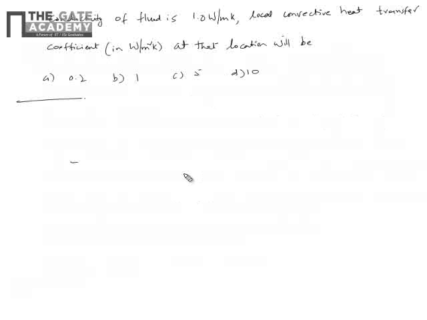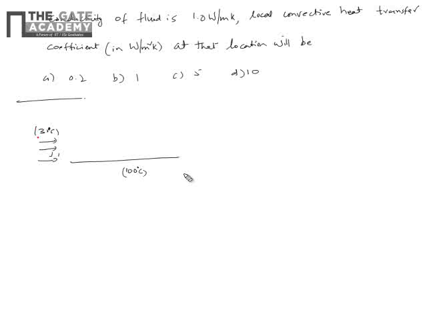You have a plate which is at a uniform 100 degrees Celsius, and a coolant temperature of 30 degrees Celsius, and the coolant fluid flows over the flat plate. The layer of fluid in immediate contact with the plate will attain the temperature of the plate over a period of time.